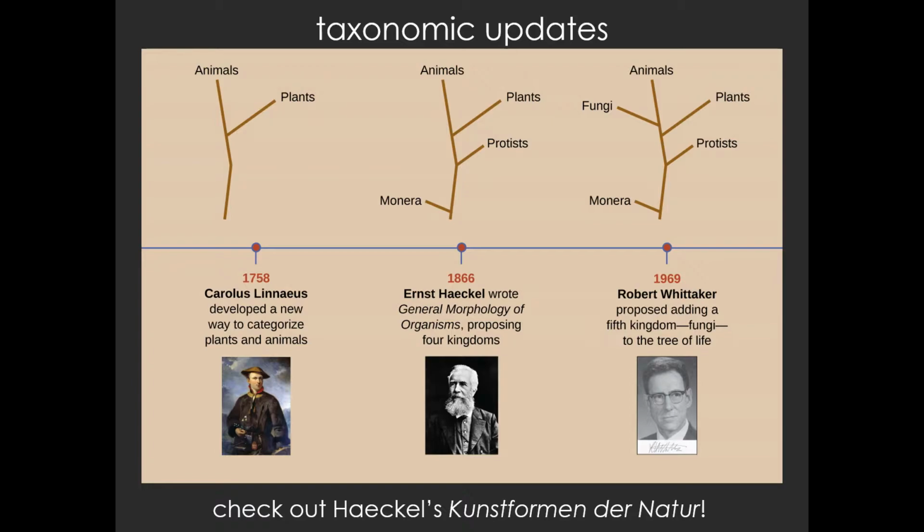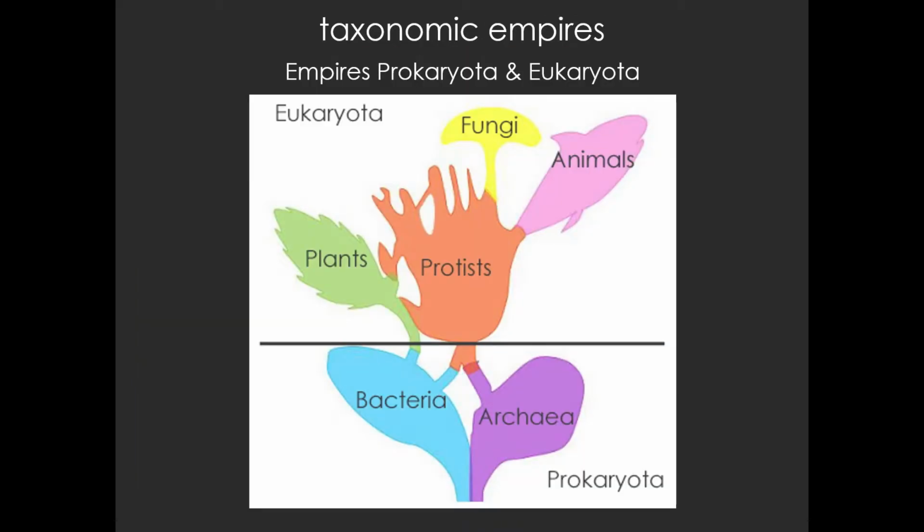And what Robert Whittaker also did was look at these organisms and say, there's just such a huge difference between kingdom Monera, which is comprised of prokaryotes, and all of the rest of these kingdoms, that really it needed a different and bigger classification distinction. The classification distinction that he came up with was larger, more inclusive, above the level of kingdom, and he called them empires. And he divided all of life into empire Prokaryota, which at that point in 1969 was just kingdom Monera.